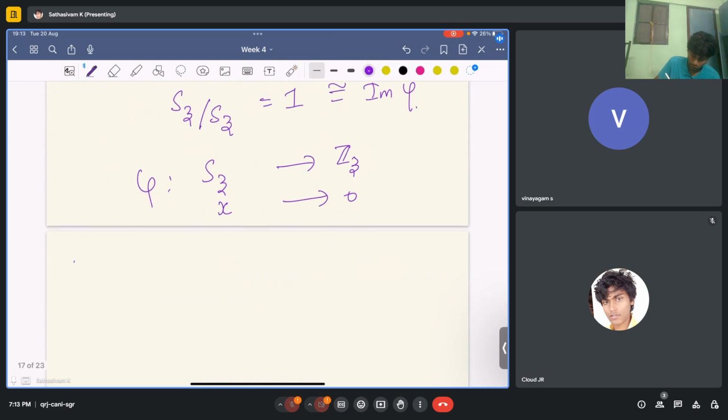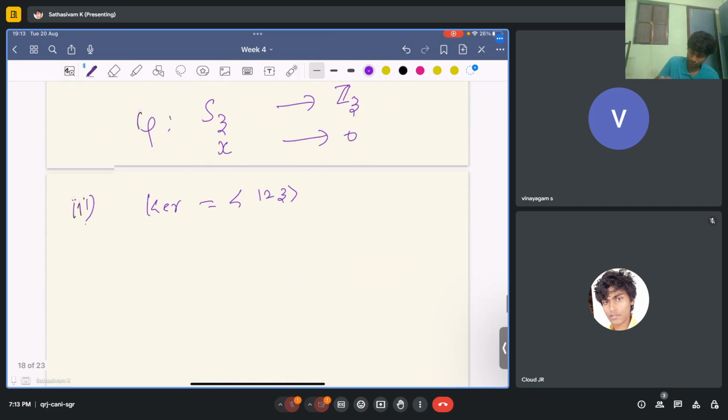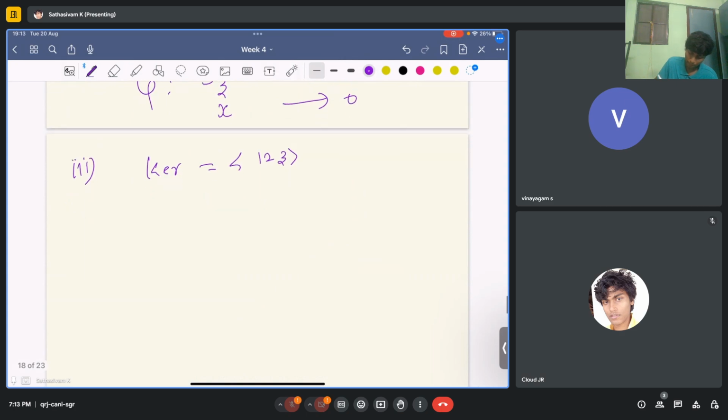Okay, now the third part, this is the interesting part. The kernel is the subgroup generated by (1 2 3). So let's look at G by kernel, which is S3 by this subgroup, and you can observe that this is isomorphic to Z2.